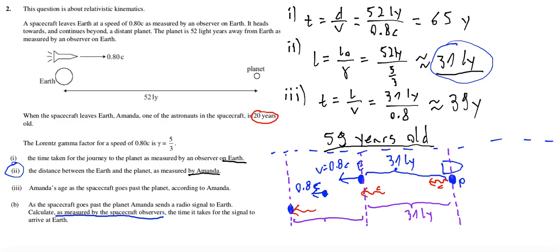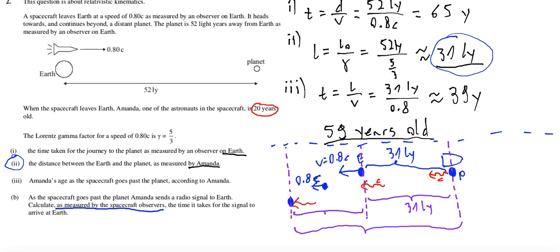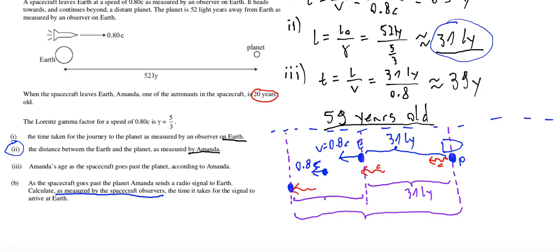I'm going to add one more distance, the total distance traveled by radio signal. Radio signal travels with speed c, and it takes time t. So the distance traveled by radio signal in time t is c times t. Speed times time gives distance.